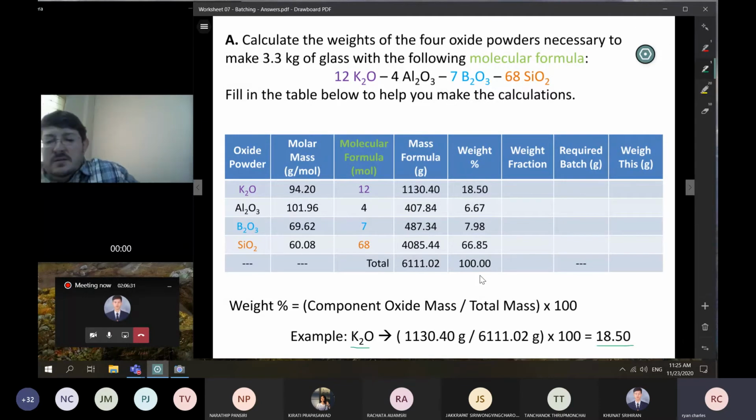But if you make rounding errors and you start to multiply this by thousands of kilograms, you might run into problems, right? With concrete, you might just get a really weird consistency and it doesn't flow right. With glass, you might get a really weird viscosity and it doesn't melt properly.